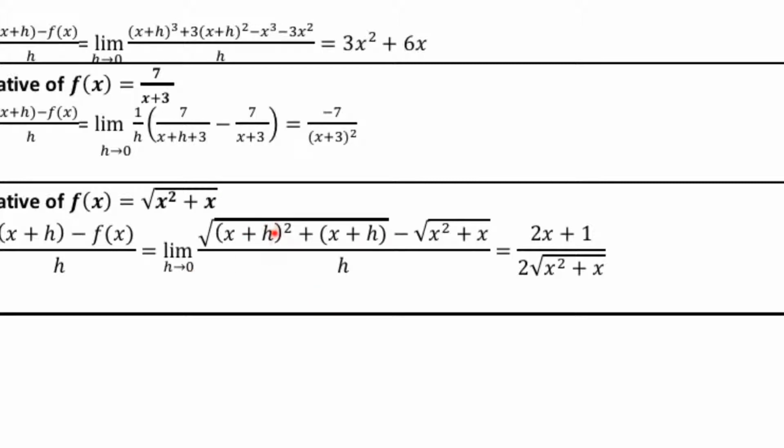To find this limit, we multiply both the numerator and the denominator by the conjugate of the numerator and replace (x plus h)^2 by x^2 plus 2hx plus h^2. Reduce it by h, replace h by 0, and we find f prime of x equals 2x plus 1 divided by 2 times the square root of x^2 plus x.